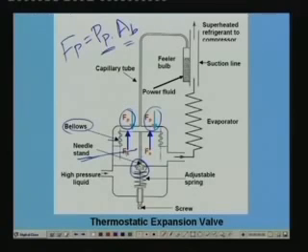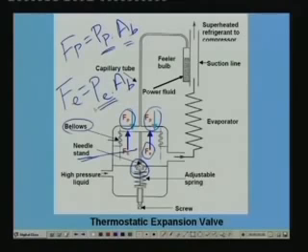Okay, so this is the force which is trying to push the bellows down, and trying to push the bellows down means the needle stand also will be pushed down. And what are the forces opposing this motion? The forces opposing this motion are, first, because of the evaporator pressure, that is Fe. Okay, this is an upward force due to the evaporator pressure. This is equal to PE into AB, where PE is the evaporator pressure. And in addition to that, you also have the spring force Fs.